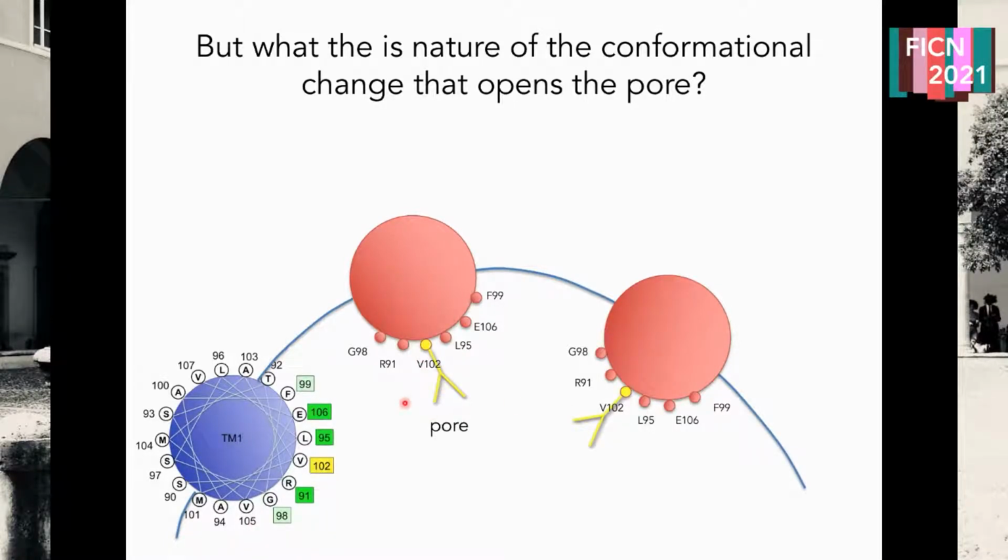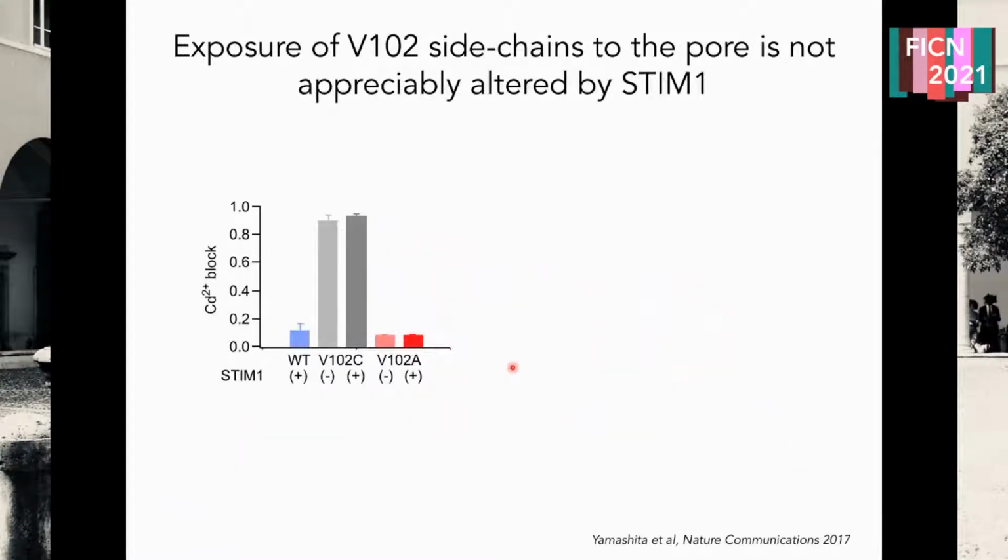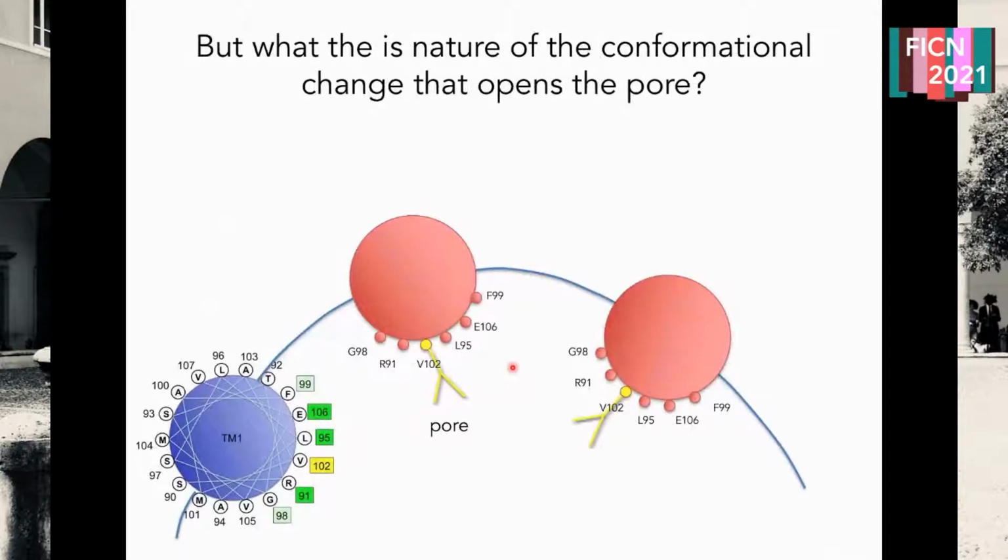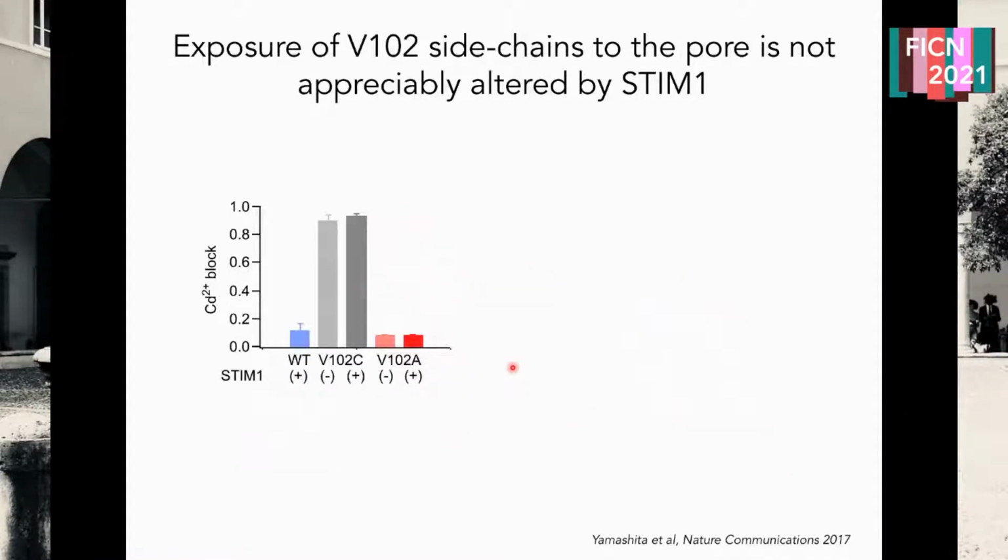So what that told us is that the conformational change that must remove this valine, if it's a part of the gate, must be pretty substantial. It would have to be something significant to conceal it away from the ion conduction pathway. But as a first step to see whether it is in fact displaced away from the ion conduction pathway, Megumi put a cysteine over here and looked at the accessibility of the cysteine to the thiol reagent cadmium.